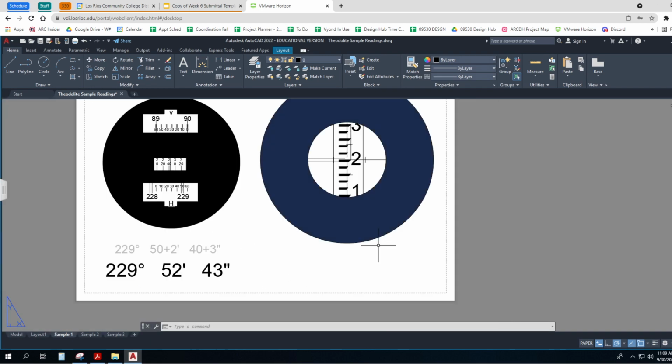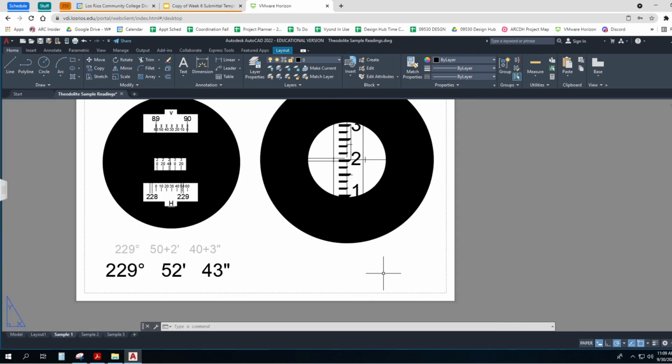I'd have to ask the person on the rod, hey, which one is it? And they would move their hand up and down until you're pointing at the right one, and they would say how many feet there are. That's really important when you're taking these readings, that you get the feet correct.